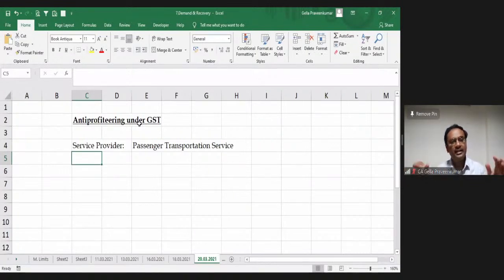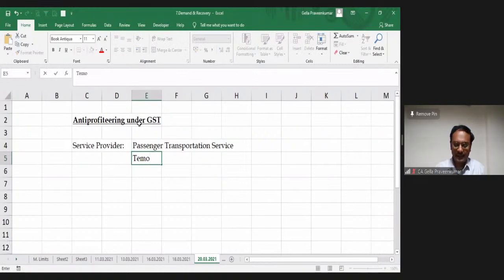I repeat, there is a passenger transportation service. When a company hires this motor vehicle for transportation of passengers from a particular point to the factory, and again from the factory back to the respective points, the service provider picks up and drops the employees. For a moment, let us take that there's a tempo traveler.